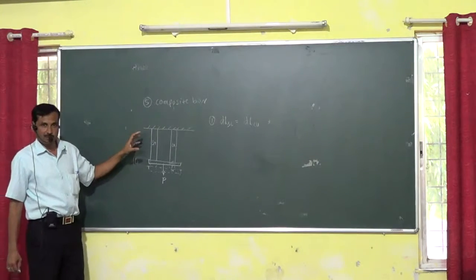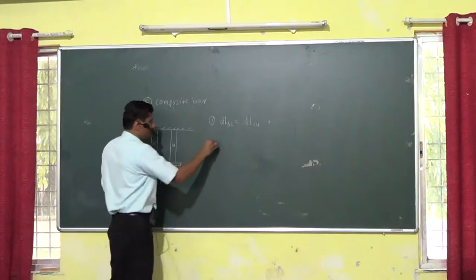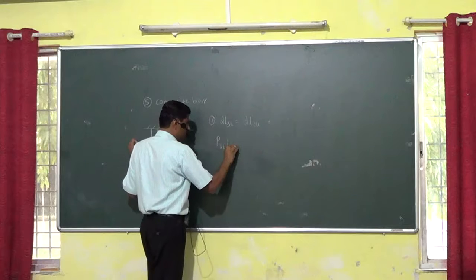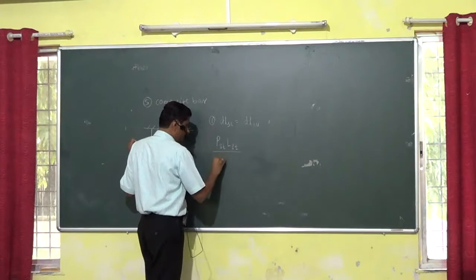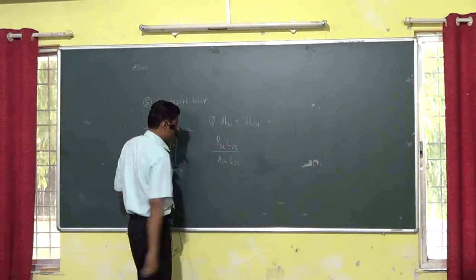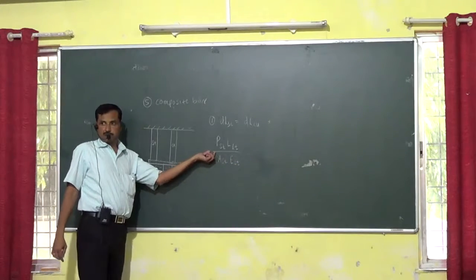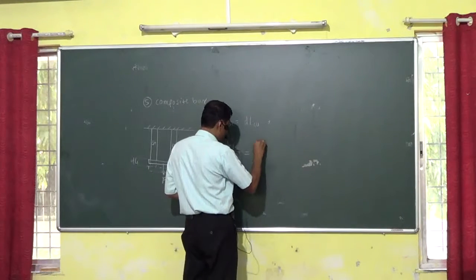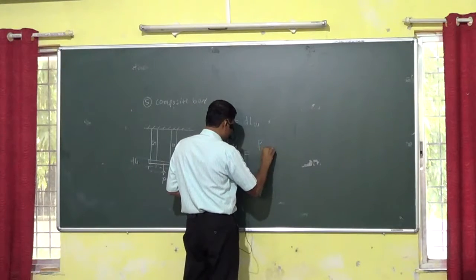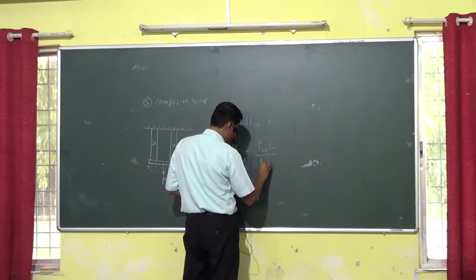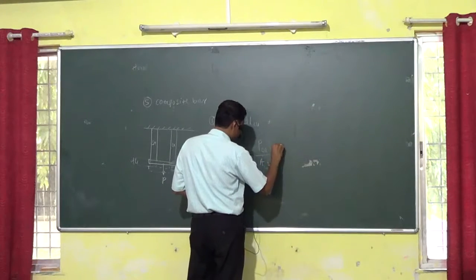So we will consider here P steel, L steel, A steel and E steel, that is the elongation for the steel rod. And for copper, it is PL upon AE for the copper bar.